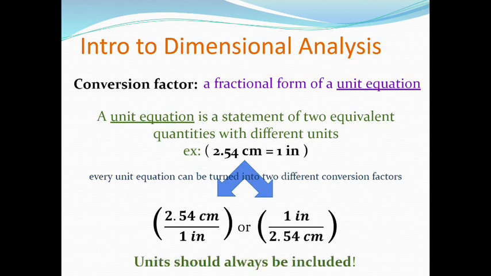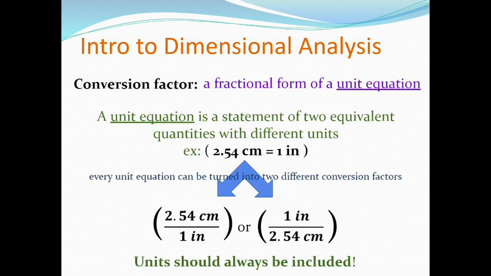Do notice here that units are always included in these conversion factors, as well as, of course, in our unit equations. It would make no sense at all for me to say 2.54 equals 1 inch, because it doesn't. But 2.54 centimeters does equal 1 inch.